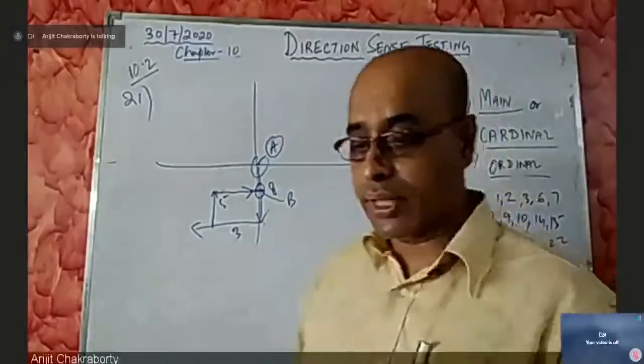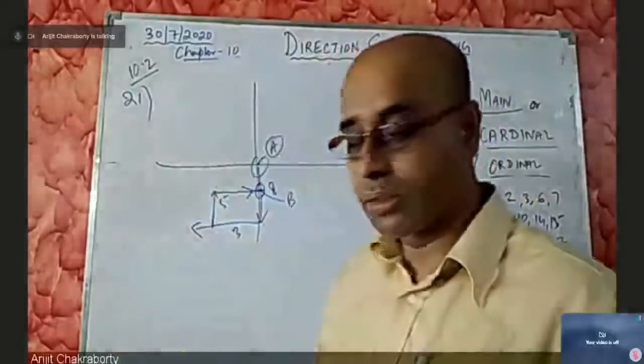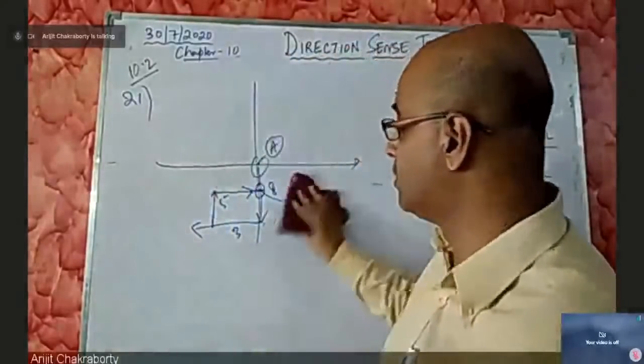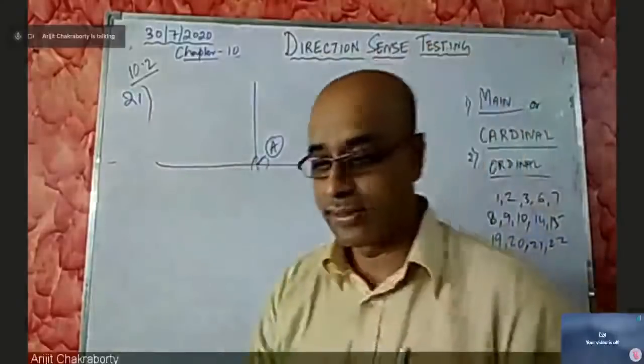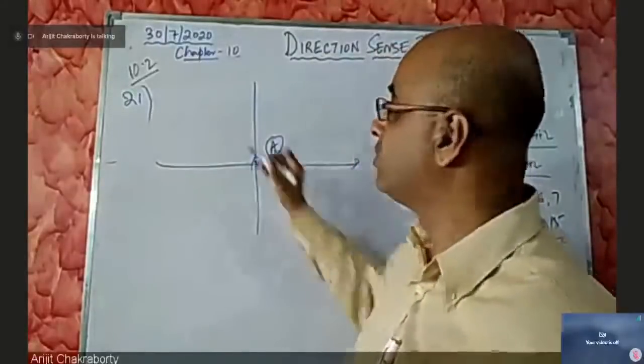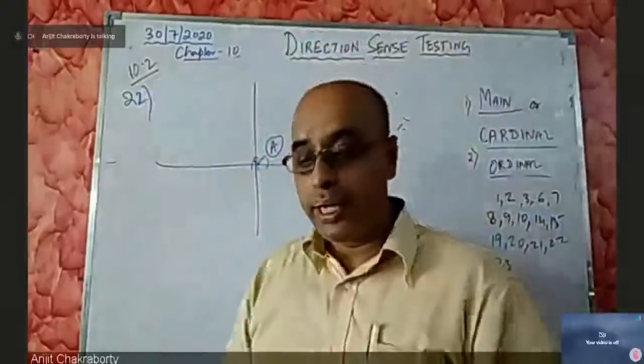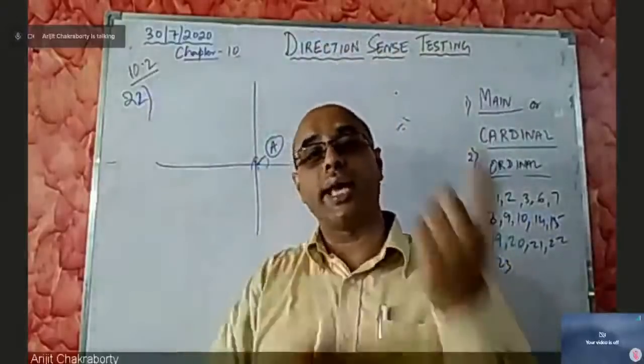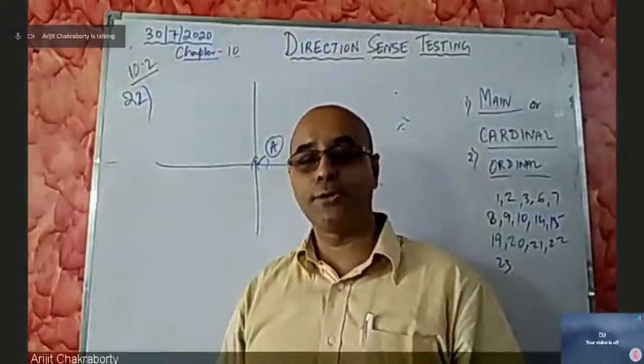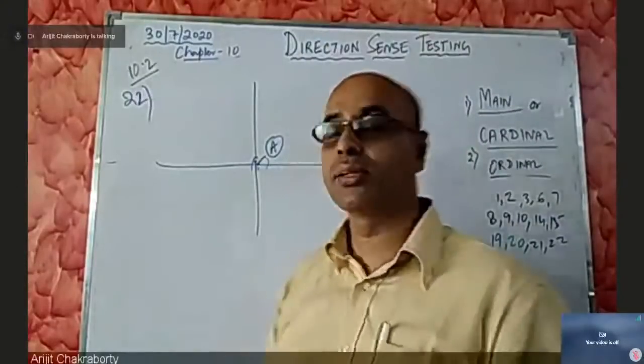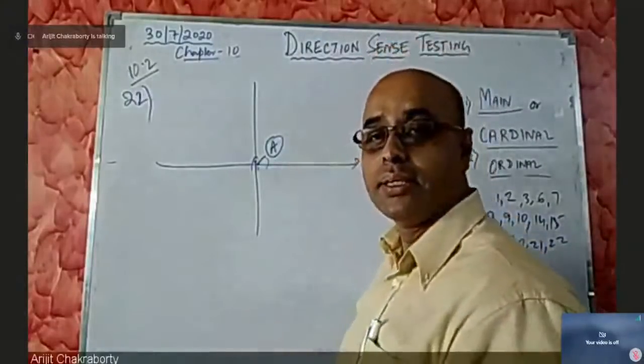Fine. Now we take 22. Okay. Now it's a gymnastic question. 22. So number 22. If X stands on his head, with his face towards the south. Okay.